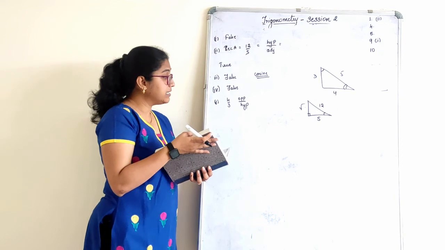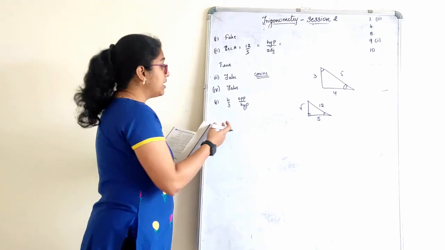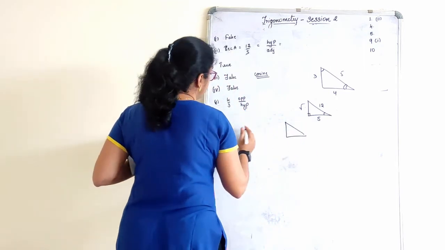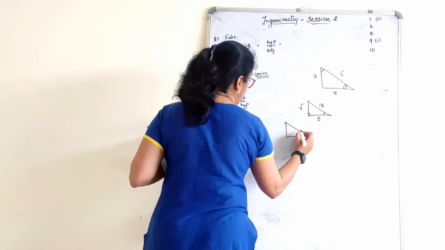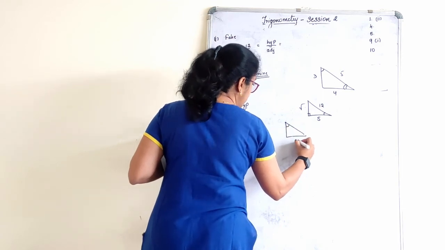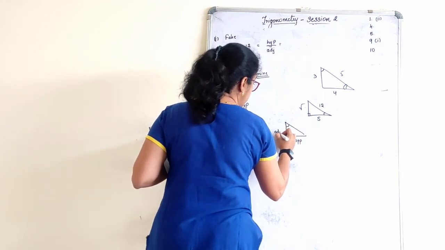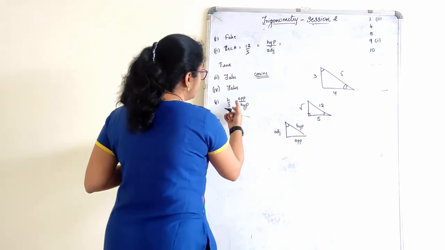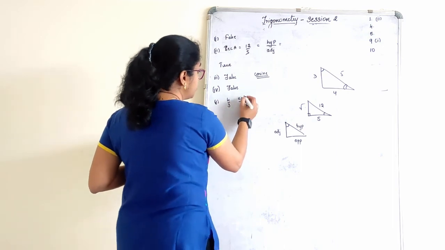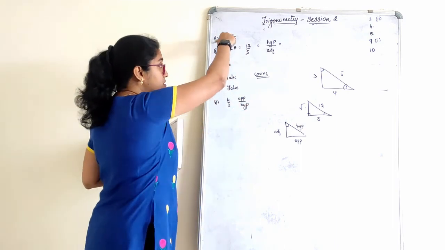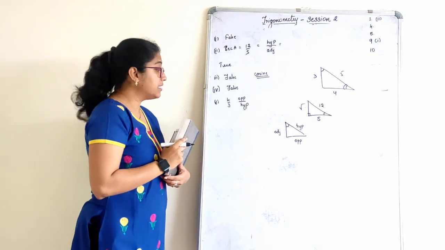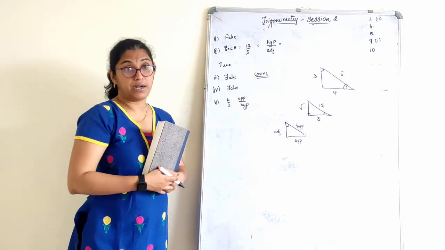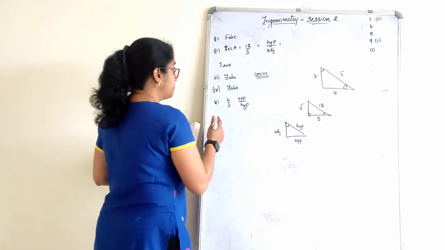Can sin theta be 4 by 3? If I have an angle here, this is opposite, this is adjacent and this is hypotenuse. So opposite by hypotenuse, here the hypotenuse should be the greatest part. Of course, there we said it can be, but here when you divide something by hypotenuse, the denominator should always be the greatest. So this is false.